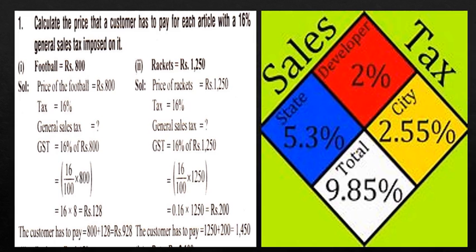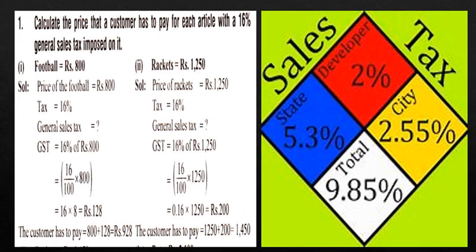Now students, we have questions in front of us related to general sale tax. Calculate the price that a customer has to pay for each article with a 16% general sale tax imposed on it. Price of football is equal to rupees 800, tax 16%, general sale tax we are going to find out.